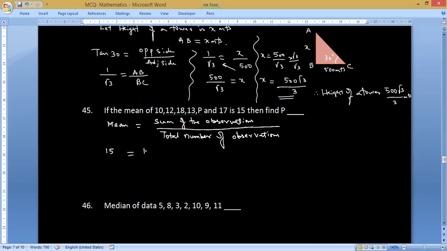The observations are given: 10 plus 12 plus 18 plus 13 plus P and 17, by 1, 2, 3, 4, 5, 6, by 6.